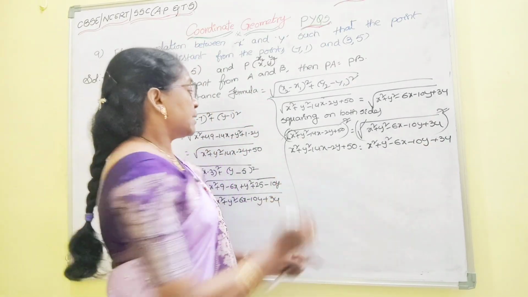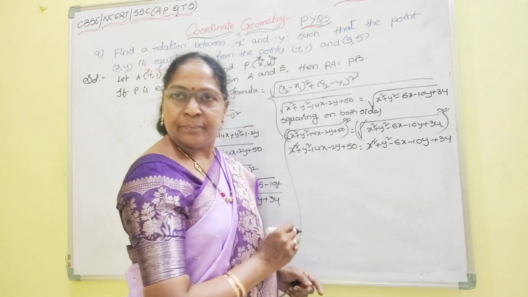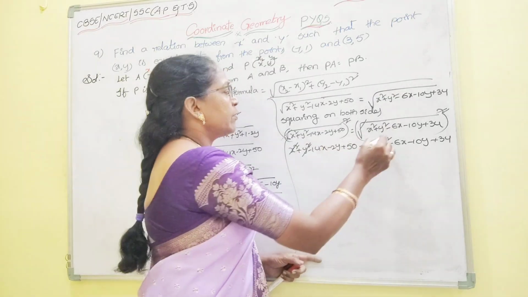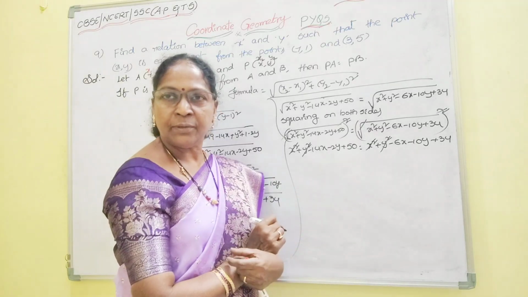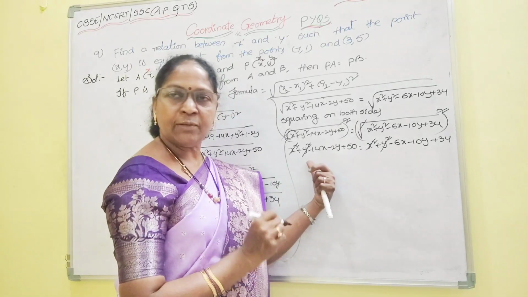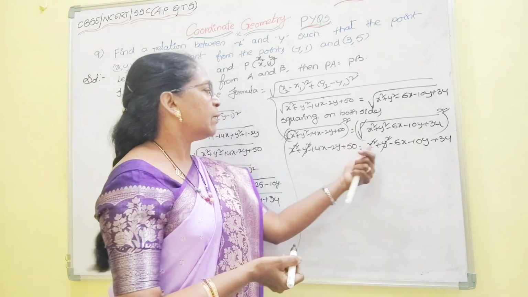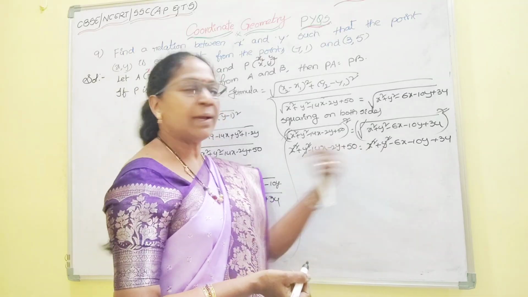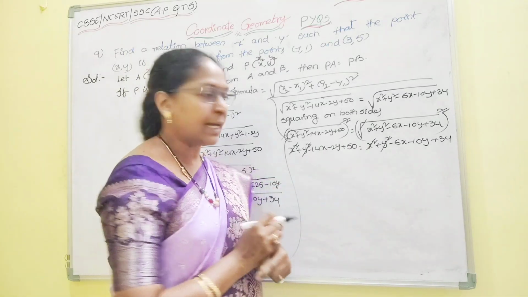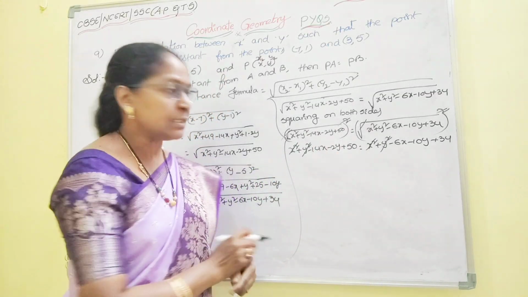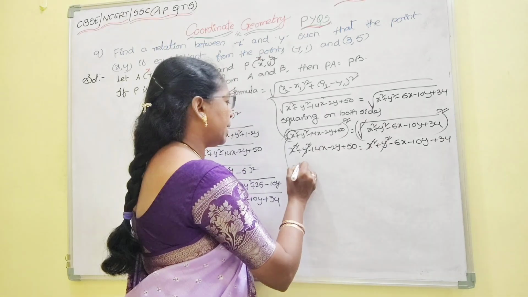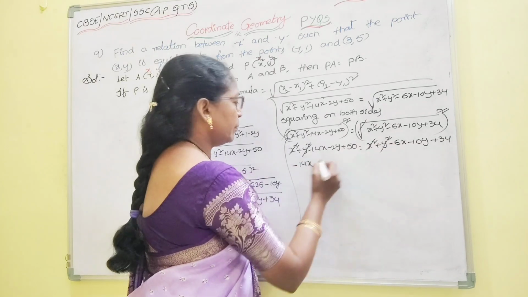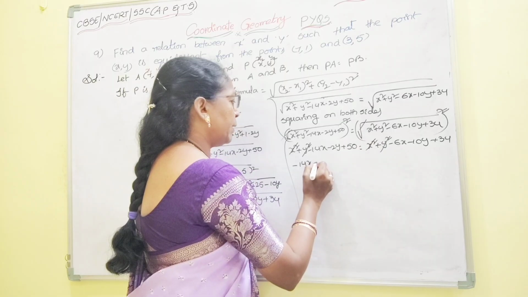X square you can directly cancel, and y square you can cancel. Now how can you cancel? Do you know, whenever it comes to this side it will become minus. So x square minus x square plus y square minus y square, like that it will cancel. Next, write all terms on one side. This one is minus 14x, and this comes to this side, it will become positive.